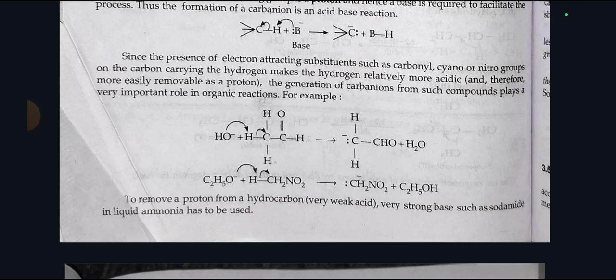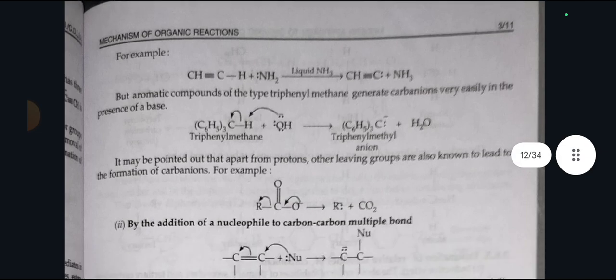To remove a proton from a hydrocarbon, a very weak acid, a very strong base such as sodamide in liquid ammonia has to be used. For example, CH≡CH + NH2− in liquid NH3 gives HC≡C− + NH3.